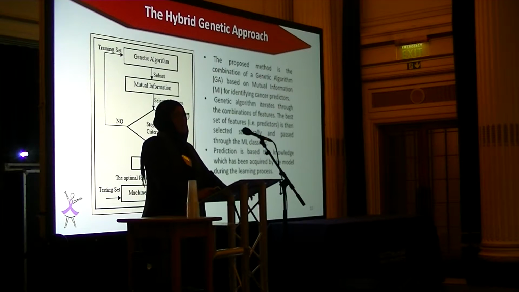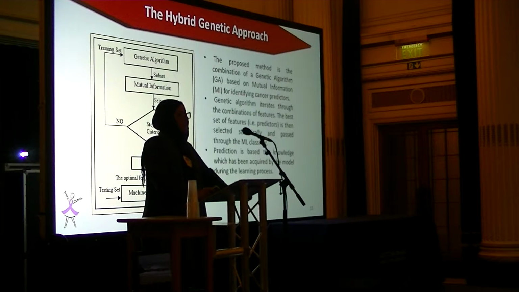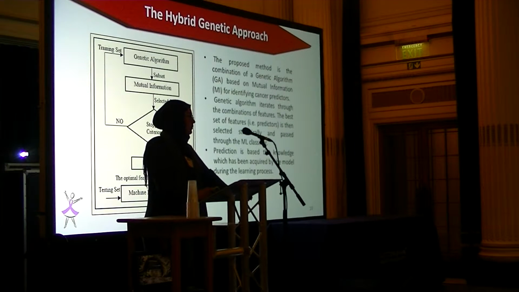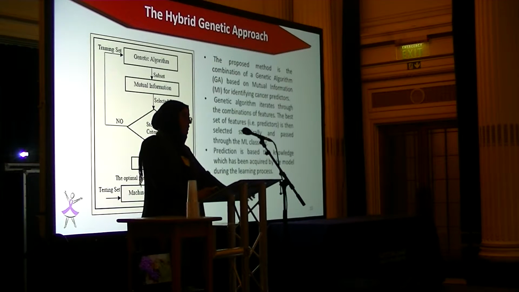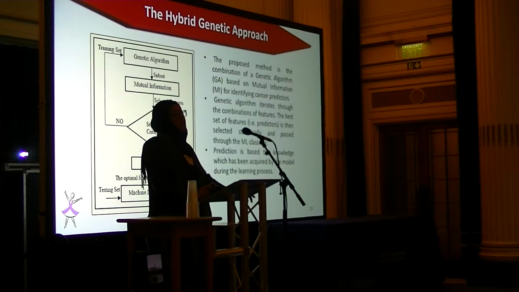The hybrid genetic approach. In this work, we propose a method which is based on the combination of a genetic algorithm and mutual information for identifying the most important cancer predictors. The genetic algorithm iterates through combinations of features, where the mutual information is used to guide the search process in the genetic algorithm to select the most relevant features for cancer diagnosis.